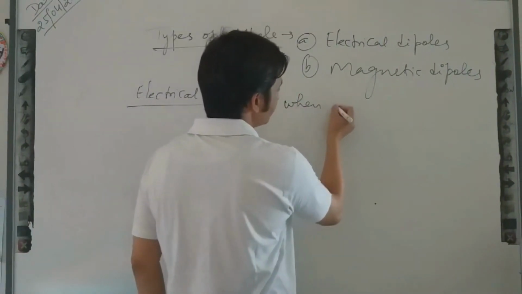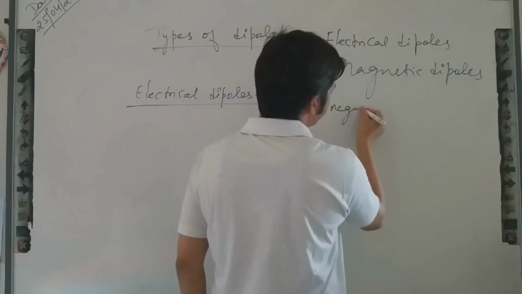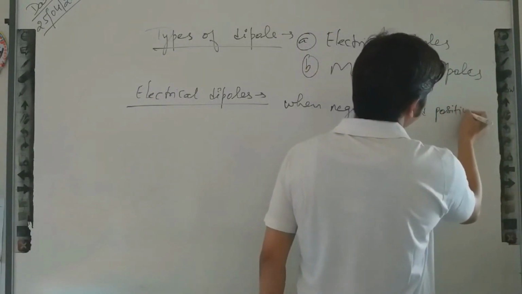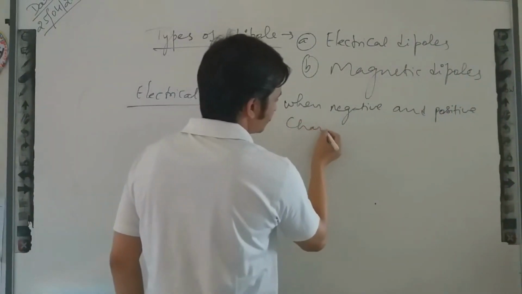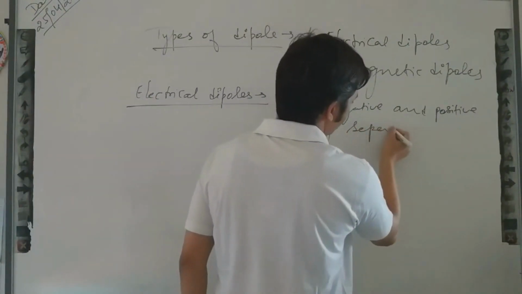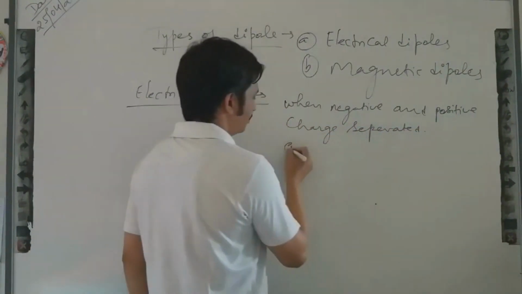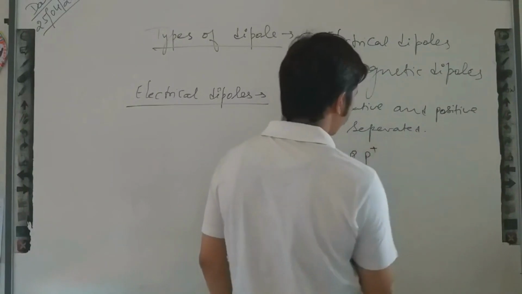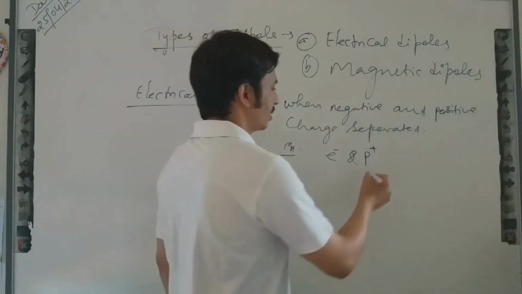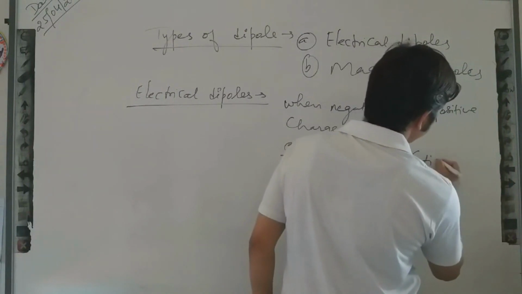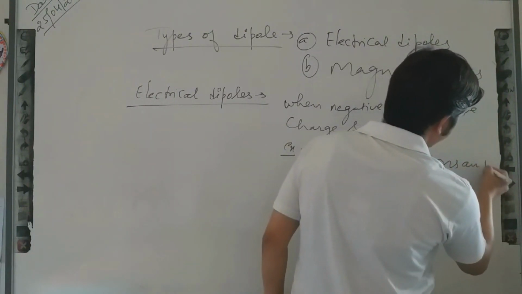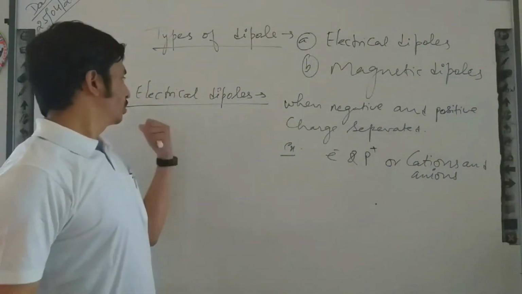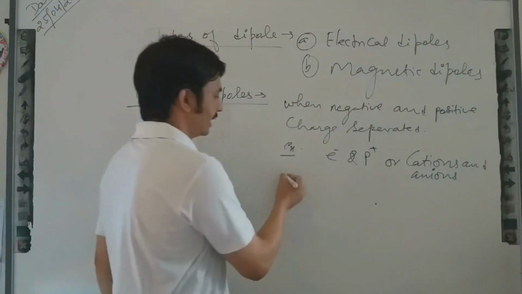Examples: electron and proton separated at some distance, or cations and anions separated at some distance. These are known as electrical dipoles.